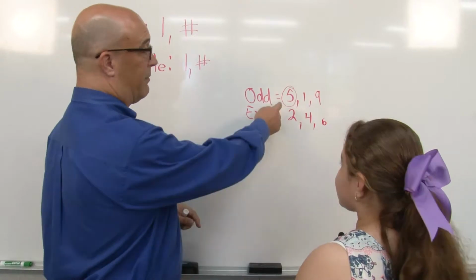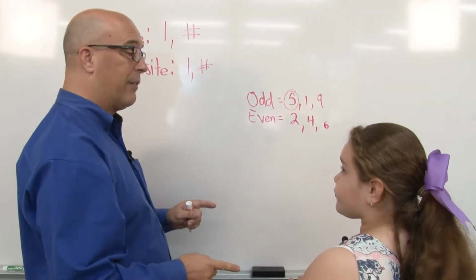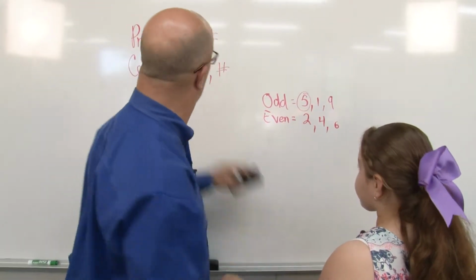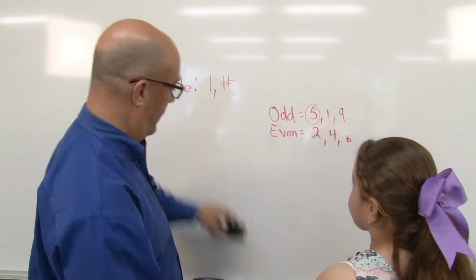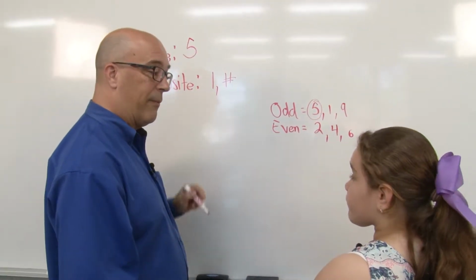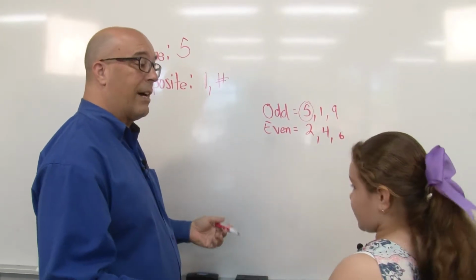So 5 isn't going to be composite, is it? No. Only 1 and 5 go into that. So we'll say that 5 is a prime number, because what numbers go into 5? 1 and 5. And that's it, right? Only 1 and 5 go into it.